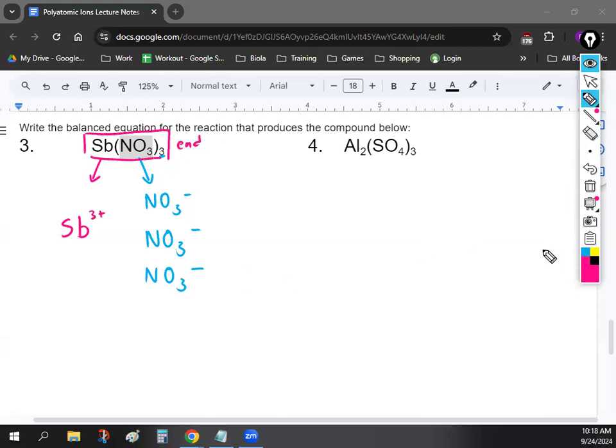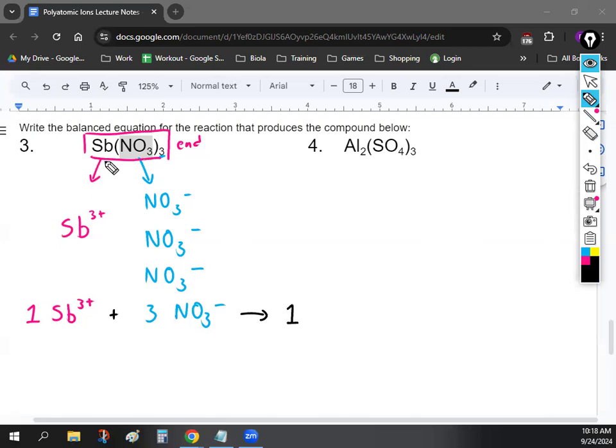So let's write down our chemical equation. We start with 1 Sb3+. We're combining that with 3 nitrates. So we're going to write 3 nitrates. We're going to draw an arrow.